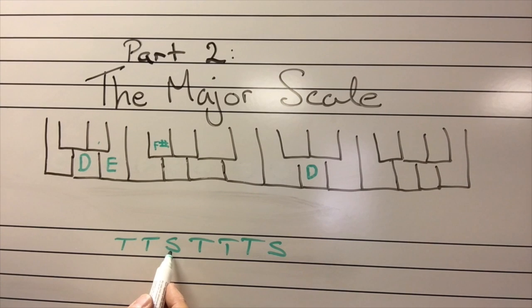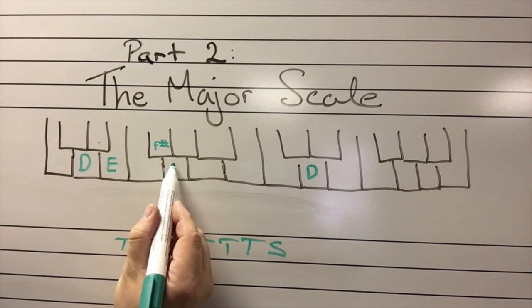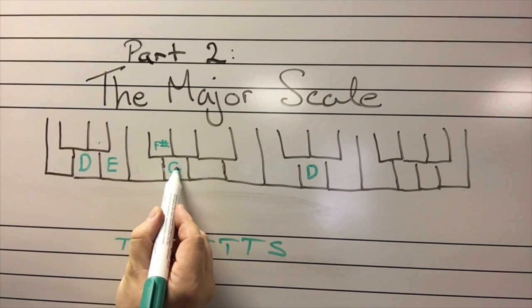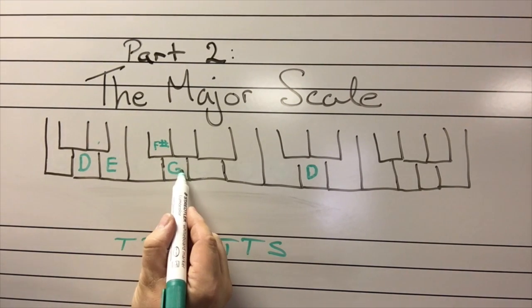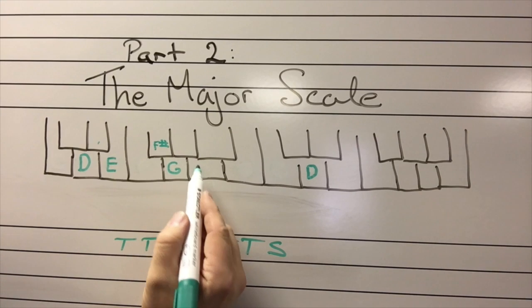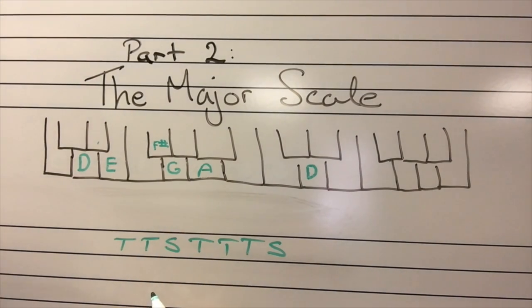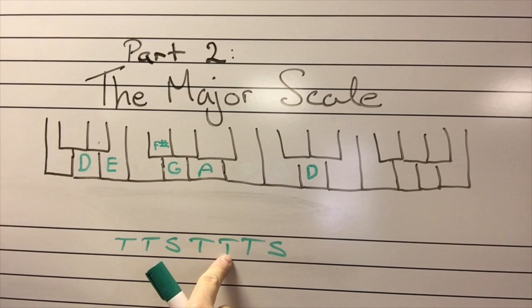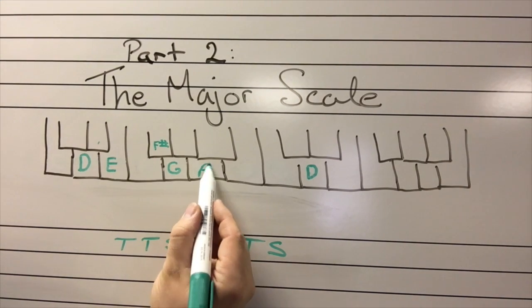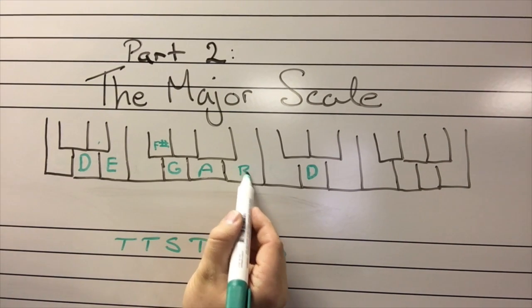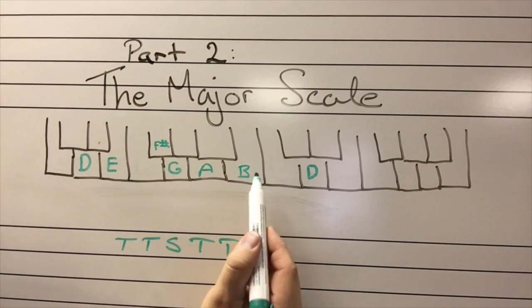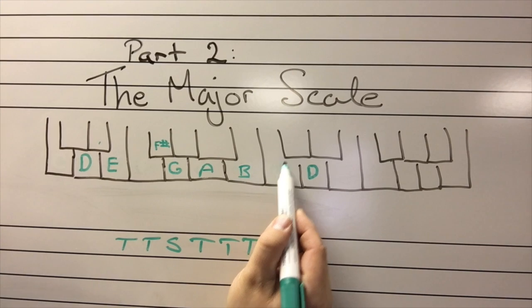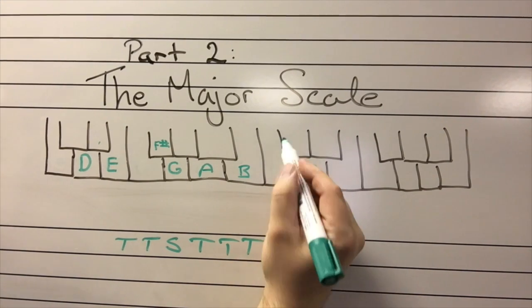The next step is a semitone, down to G, tone, 2 steps, 1, 2, to A, tone, tone, which is 2 steps, 1, 2, so it's not C, it is C sharp.